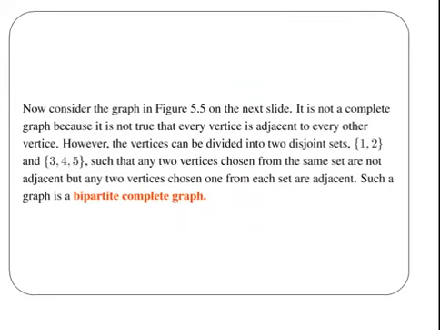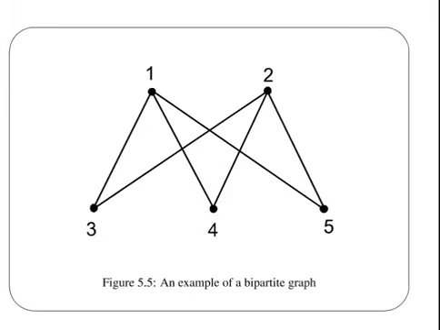Now consider the graph on the next slide. Let's actually just show you that for a second. There it is there. Just notice one thing, that it's split into two groups. We have A and B, group A up here and group B down here.